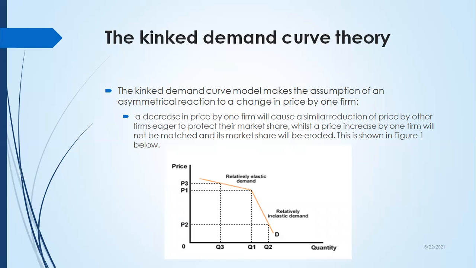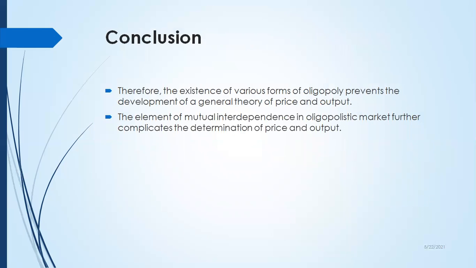This is shown in this graph. So finally, we can say that the existence of various forms of oligopoly prevents the development of a general theory of price and output. The element of mutual interdependence in the oligopolistic market further complicates the determination of price and output.